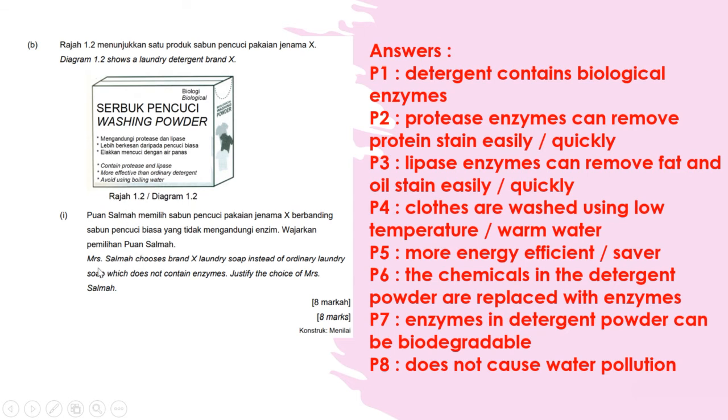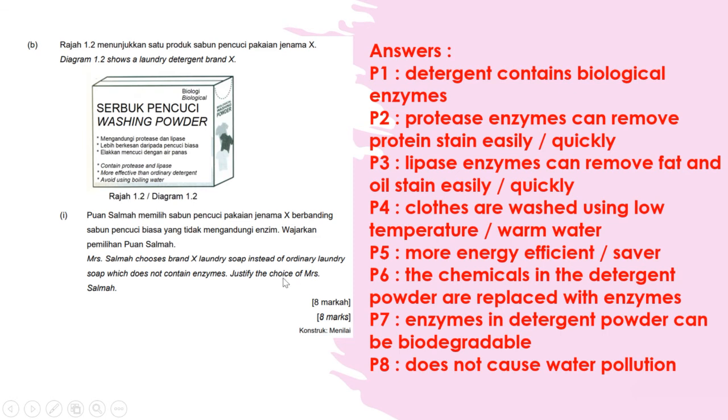Okay, next we go to question B1. Mrs. Salma chooses brand X laundry soap instead of ordinary laundry soap, which does not contain enzymes. So justify the choice of Mrs. Salma. Okay, so you have to justify.